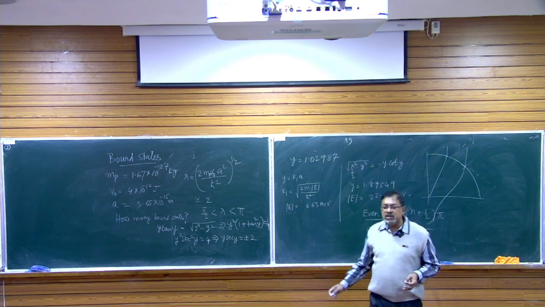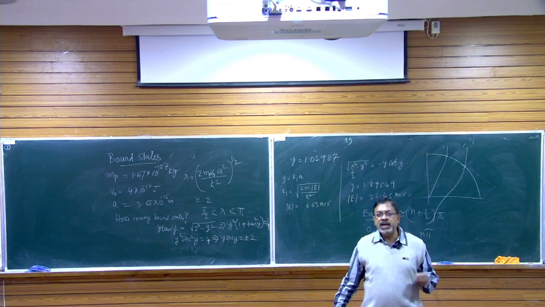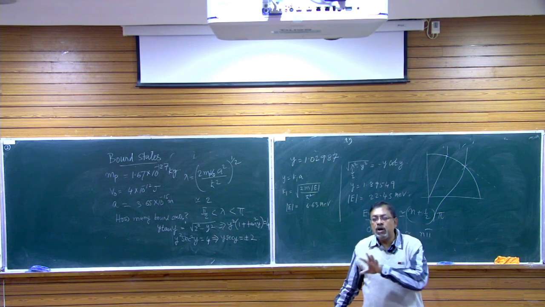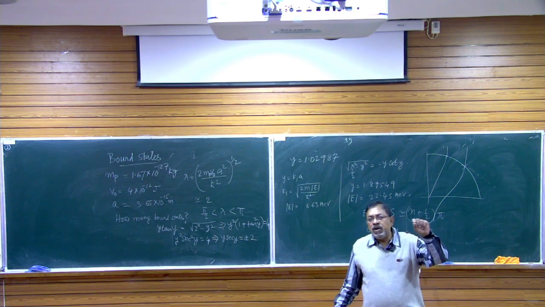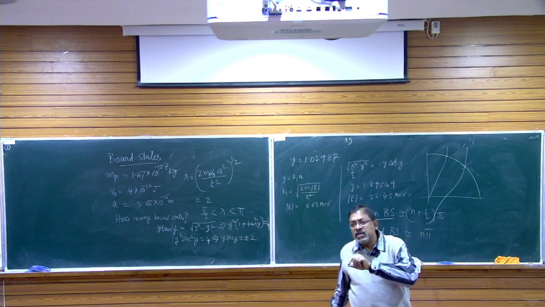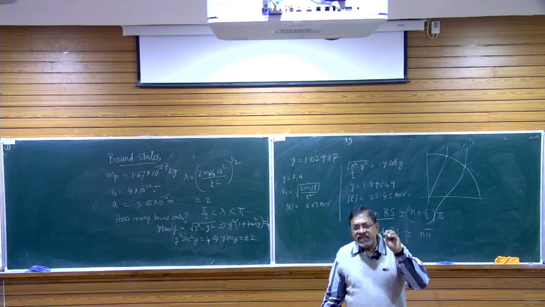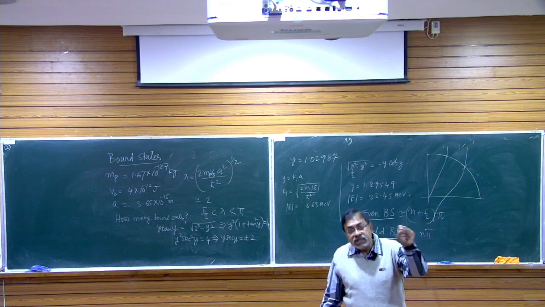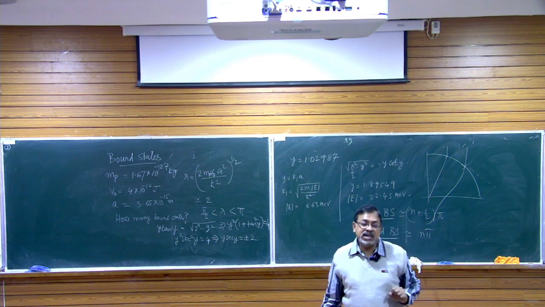This is how the graphical solution is obtained, where we individually plot both sides and look for the intersection points, because at the intersection points both sides have exactly the same value, which means those are the values for which the equation is satisfied.